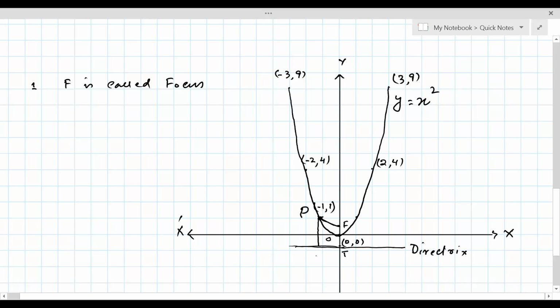So if we call this point on the directrix M, then PF and PM are exactly the same.